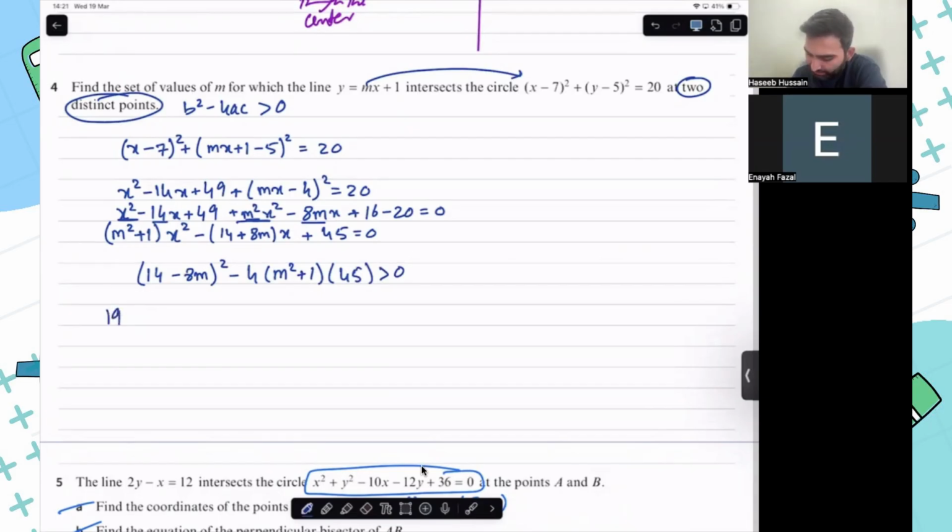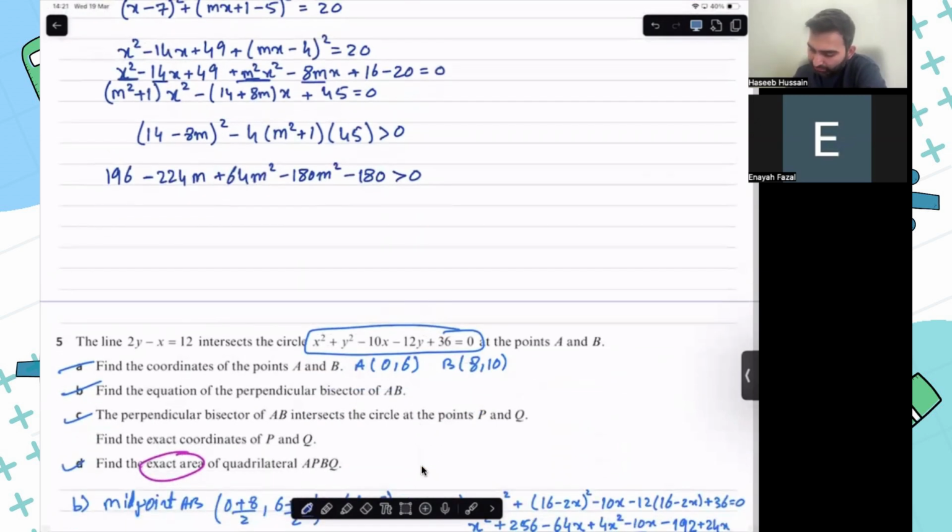So 196 plus 224m plus 64 m square, then 4 into 45 is 180, and minus 180.